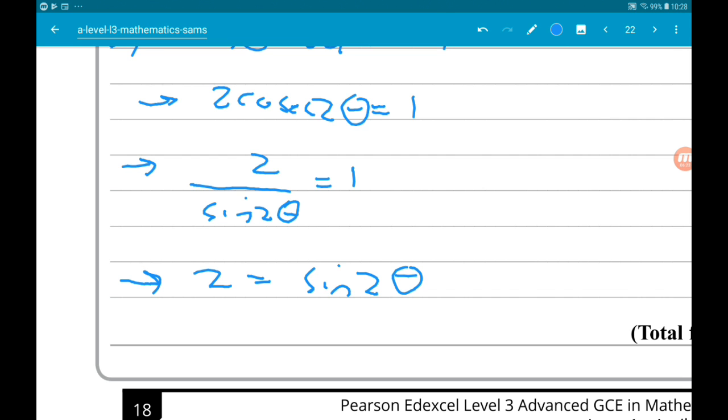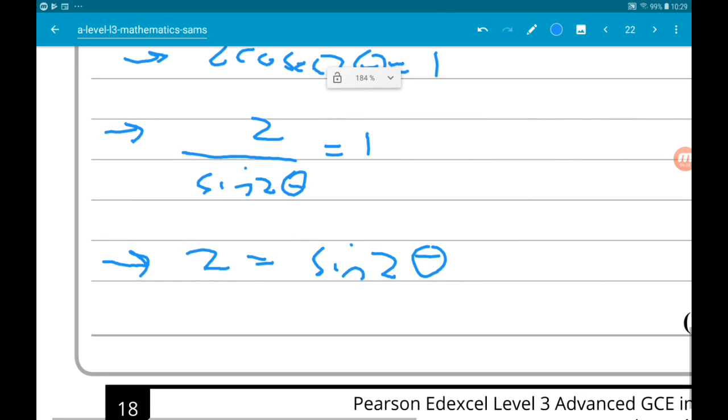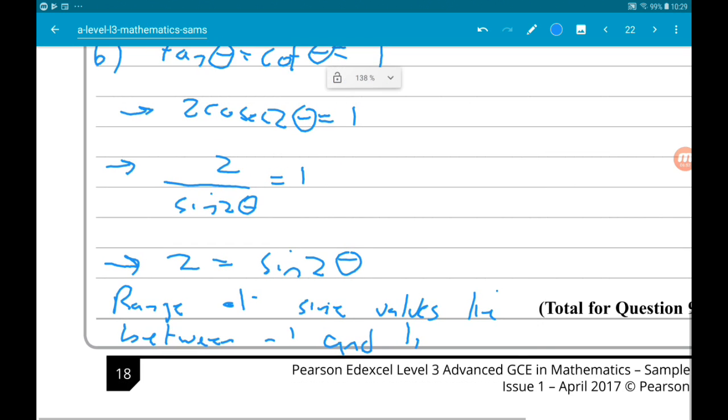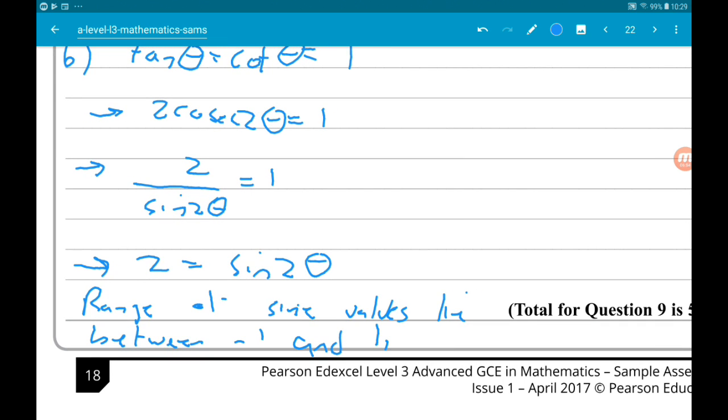So we should then say something like the range of sine values lie between minus 1 and 1. So there are no solutions.